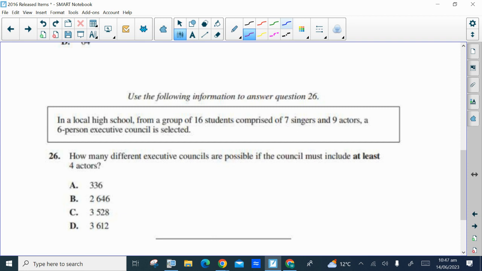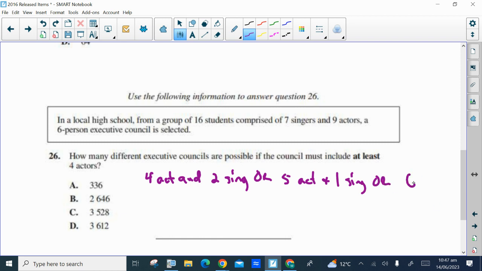And the word at least means 4 actors or more. So you could have 4 actors, and that means 2 singers, or you could have 5 actors and 1 singer, or all 6 actors.